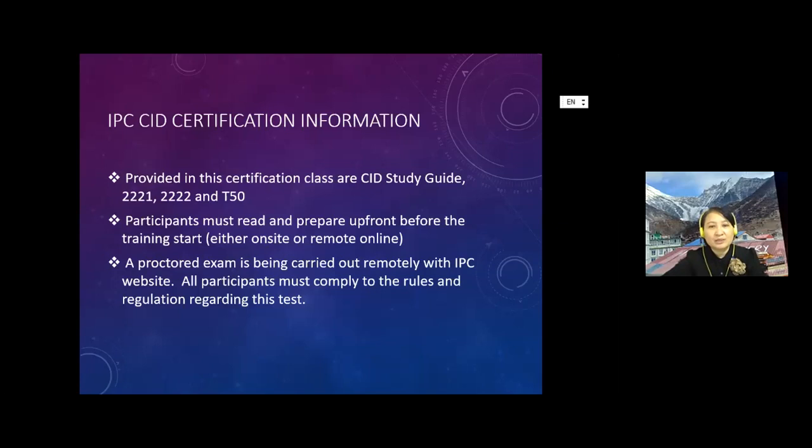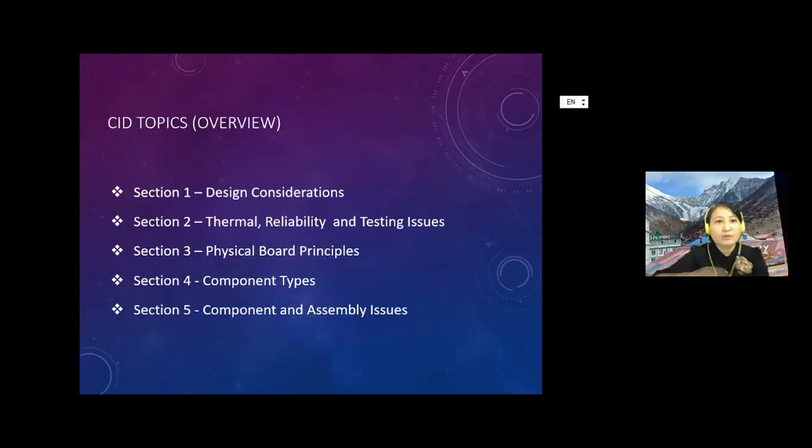All right, so this is a little bit of certification information. Maybe you'd like to know what kind of topics we cover. My experience teaching this CID is that it's quite comprehensive.